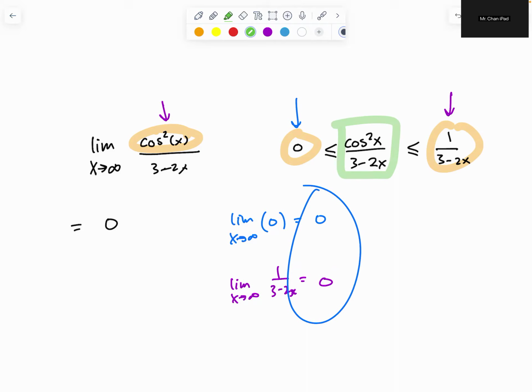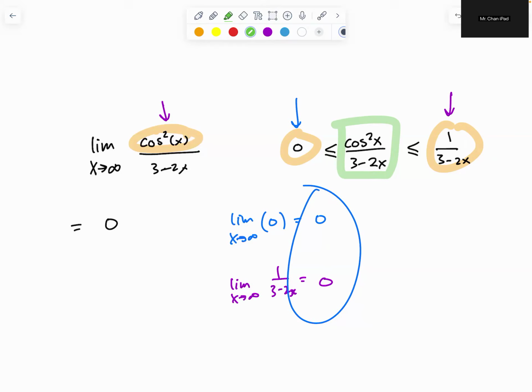Now, let me go ahead and show you something. y equals 1 over 3 minus 2x, and then y equals cosine of x squared divided by 3 minus 2x. And then, of course, we have y equal to 0.